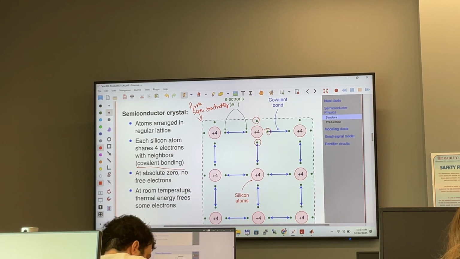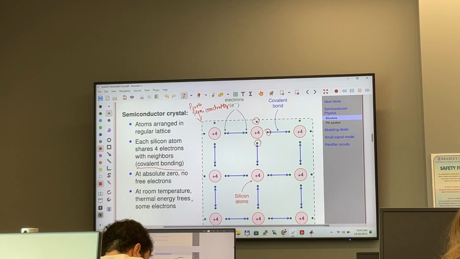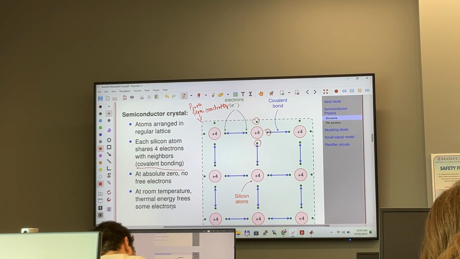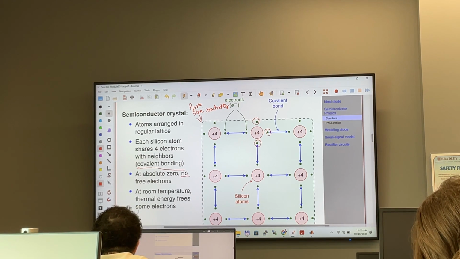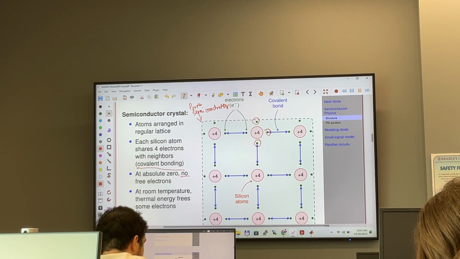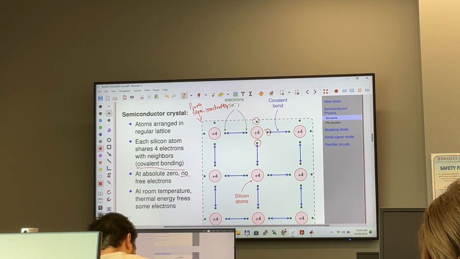At room temperature, thermal energy frees some electrons, but at absolute zero temperature, there are no free electrons. If there are no free electrons, no electricity will be conducted. So we want to free some electrons.